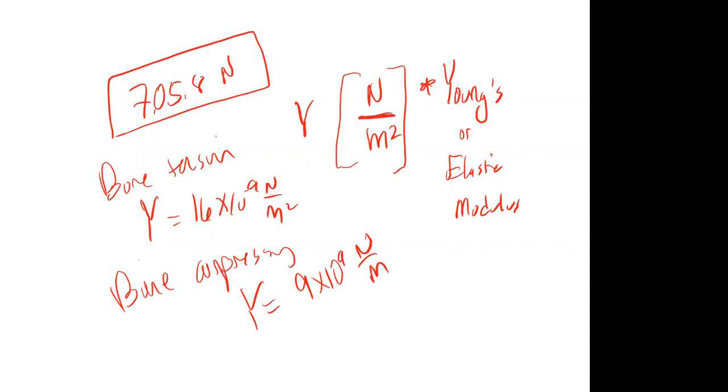So bone is much less likely to break under tension than it is under compression. Does that make sense? If you think about your bones, most of the time they're breaking because you're compressing them, like your arm, not because you're pulling on it.